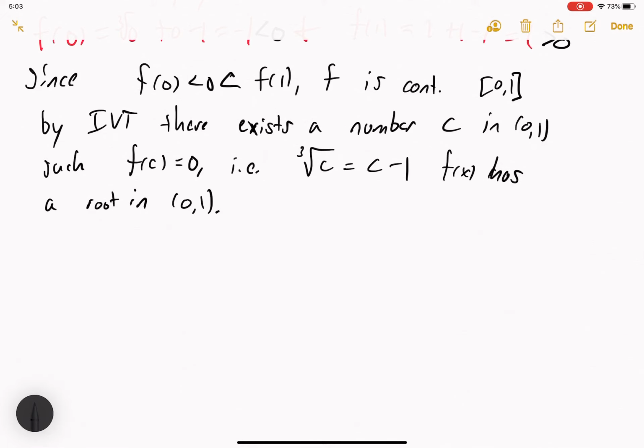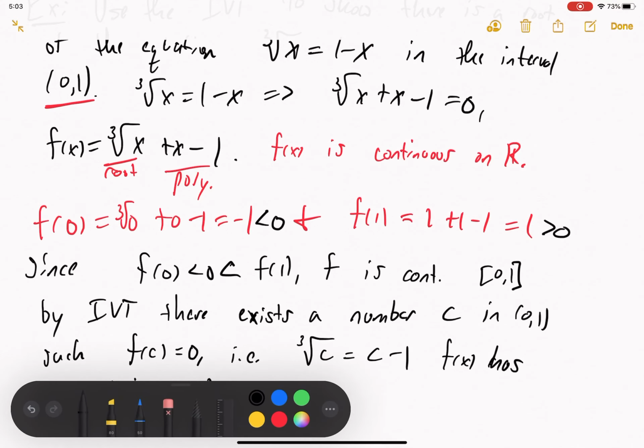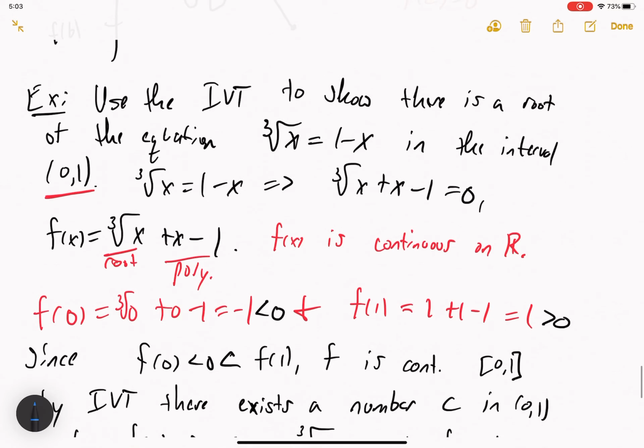All right, so let me just reiterate what we did. We wanted to use IVT to show that this equation has a root. We rewrote it to look like something equal to 0, and we called that a function f of x. We noted that f of x is a root function plus a polynomial. This particular root function and polynomial are continuous everywhere, so the sum is continuous everywhere.